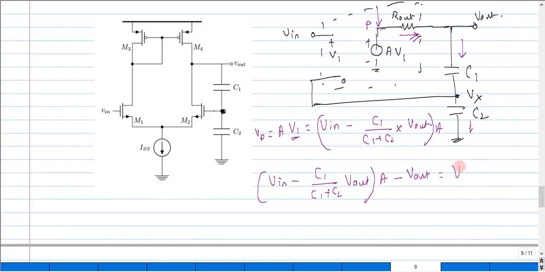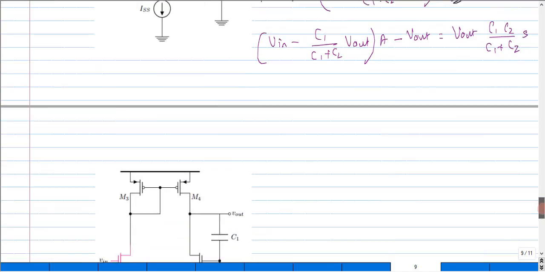That is equal to Vout times the series combination of C1 and C2, so C1 into C2 divided by C1 plus C2 times the s factor, right? Doing all the arithmetic, we end up with a form.